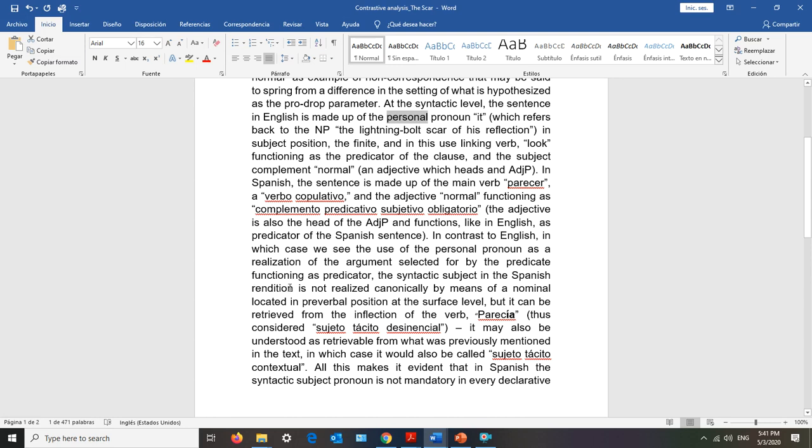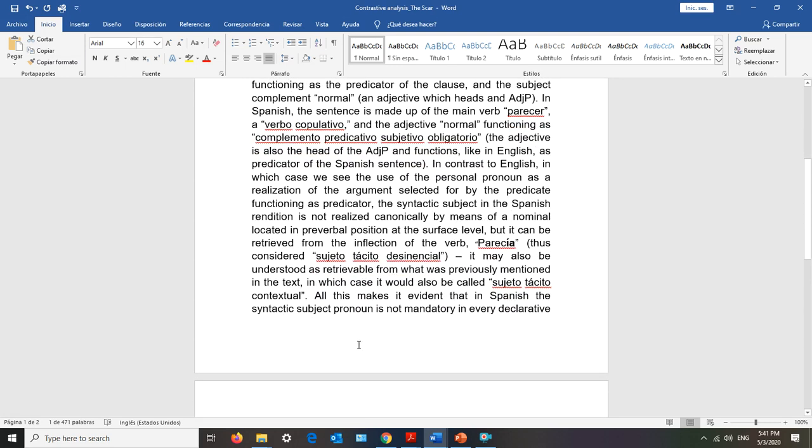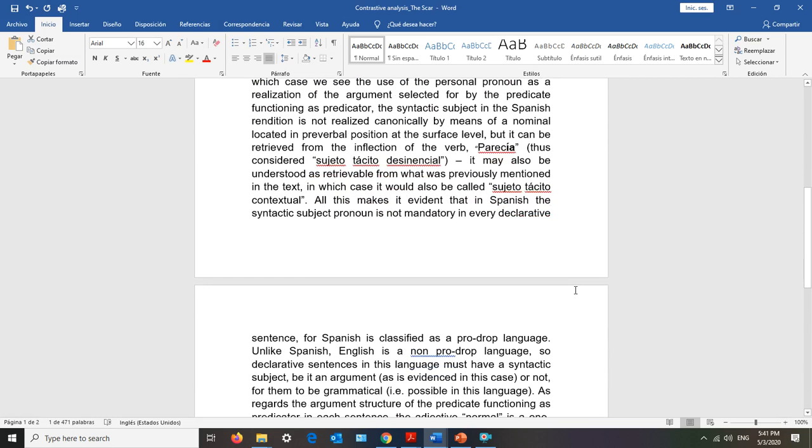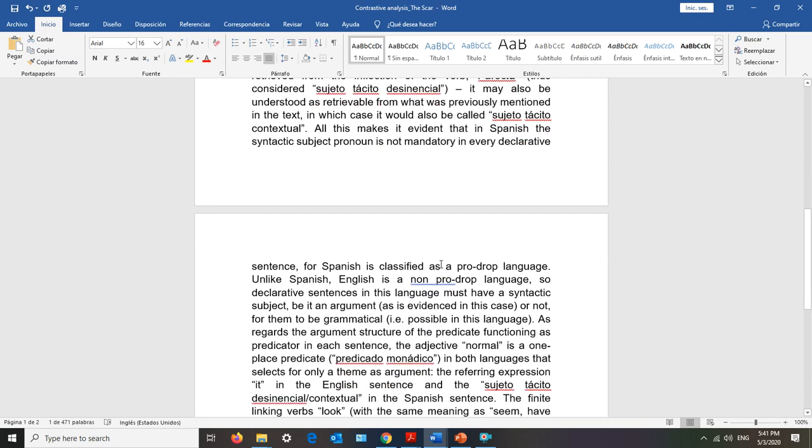Therefore, it is not the subject that is realized canonically by means of a nominal located in preverbal position, but rather it is retrieved from the inflection morphology of the verb in use, ia, parecía. So, all this makes it evident that in Spanish, the syntactic subject pronoun is not mandatory in every declarative sentence, for Spanish is classified as a pro-drop language.